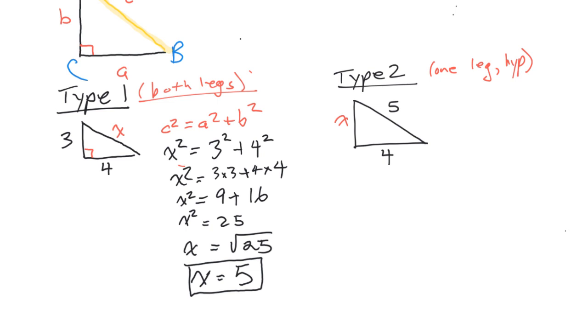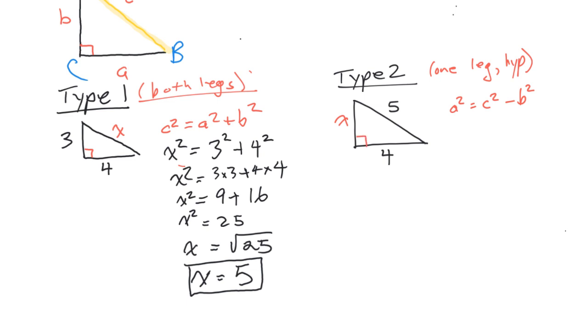So in this case, I'm going to call this a squared equals c squared minus b squared. So that is the form that we will use. We will use a squared equals c squared minus b squared if we are looking for one of the legs, okay? And all we're going to do is substitute what we know, okay?